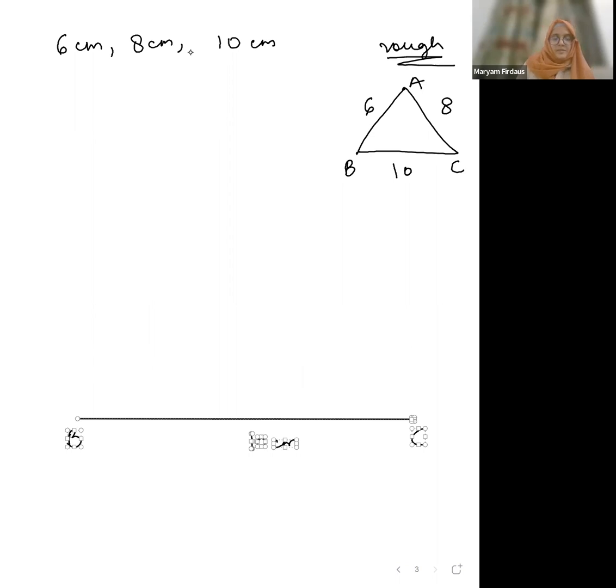So you have to be specific about that as well. You take an 8 centimeter arc radius and make an arc that's going to go all the way over here. Done?